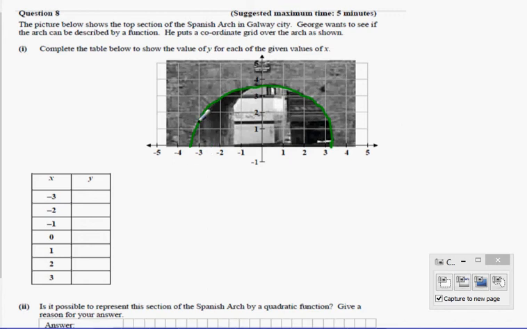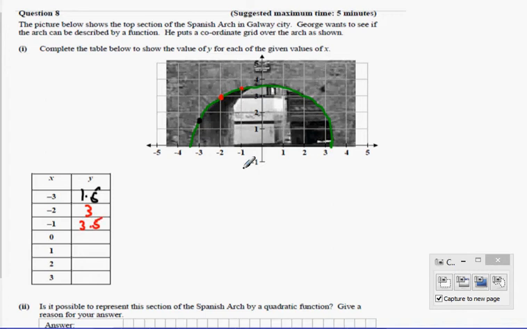So minus 3 is around 1.5. Now I gave you a bit of leeway on how high you made it, okay? What about the next one? Minus 2 is at 3. Minus 1, call it 3.4, 3.5 somewhere.